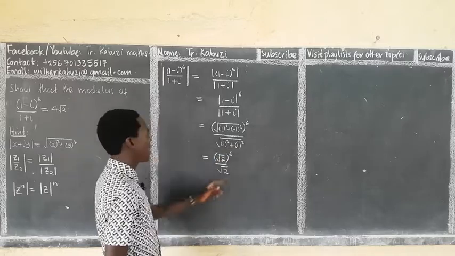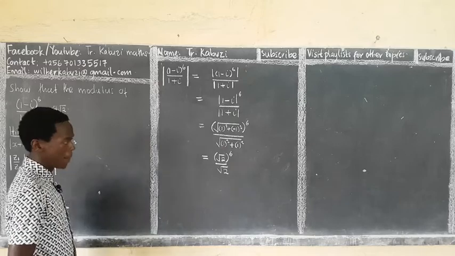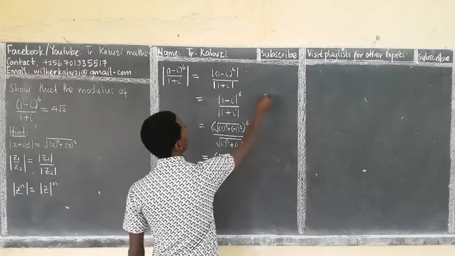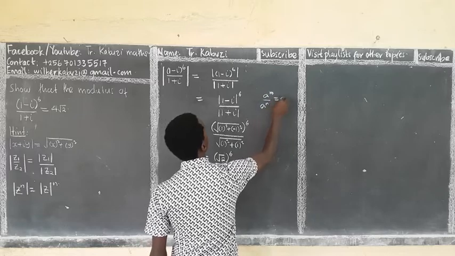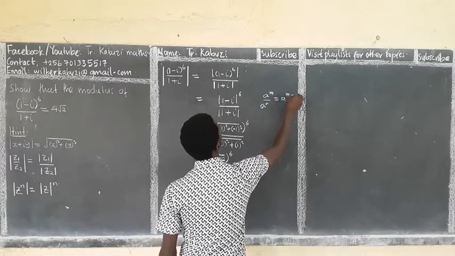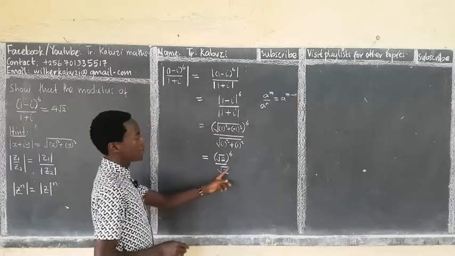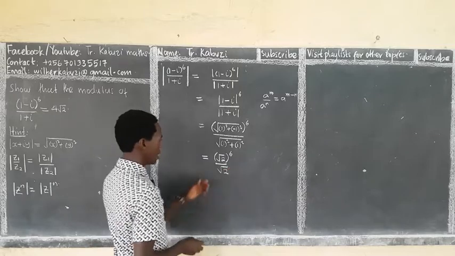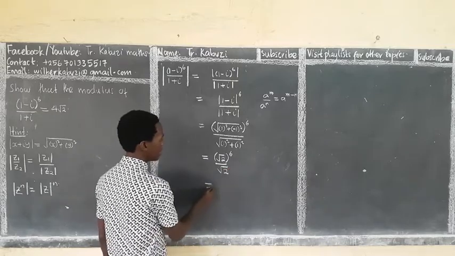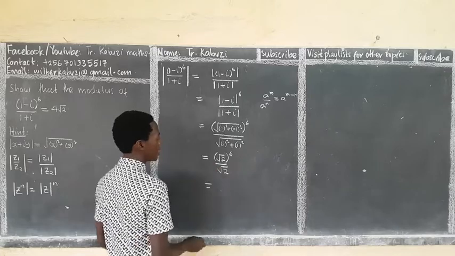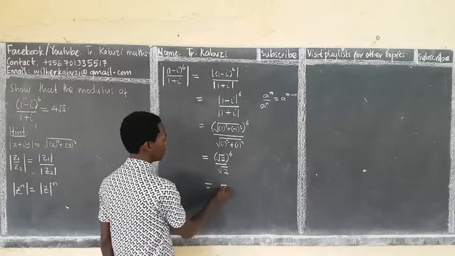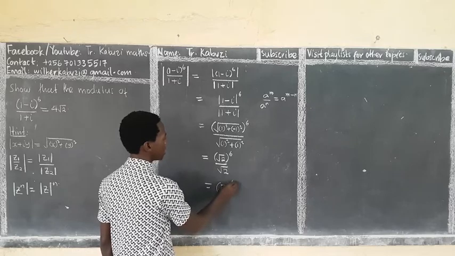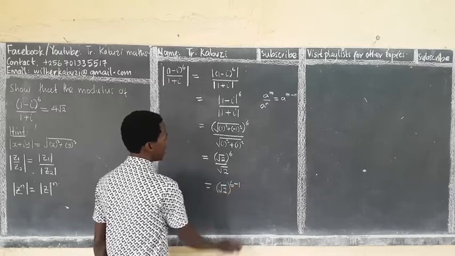And you see now, we are going to use properties of indices: if we have a to the power m over a to the power n, this is the same as a to the power m minus n. So here the denominator is to the power 1, so this would be the same as root 2 to the power 6 minus 1.